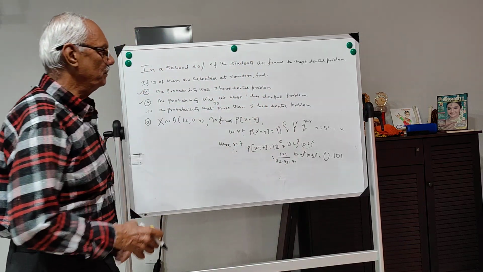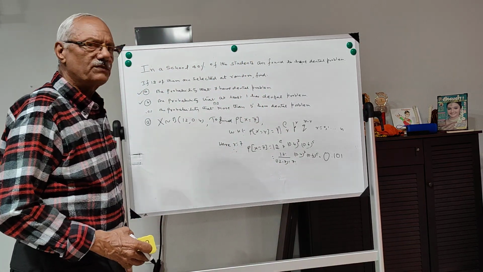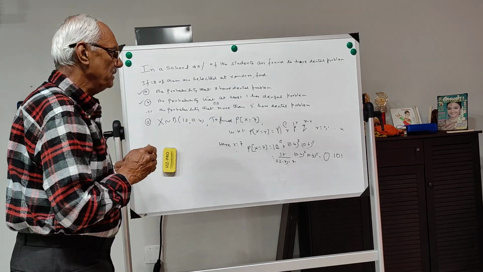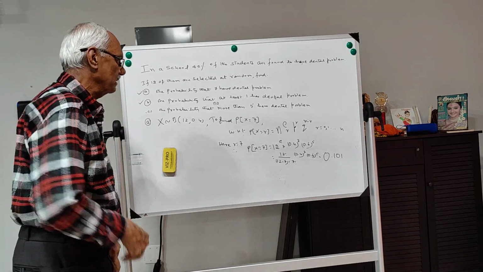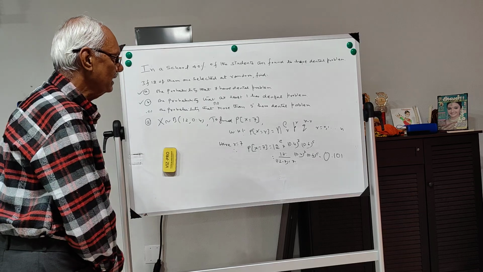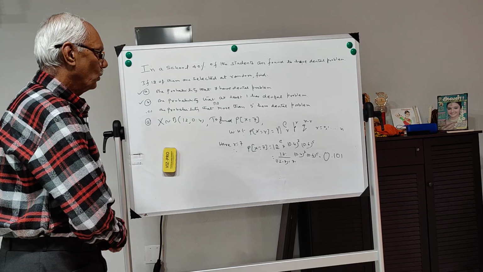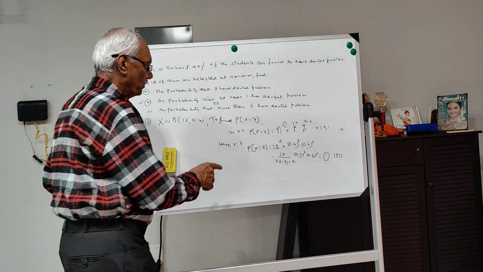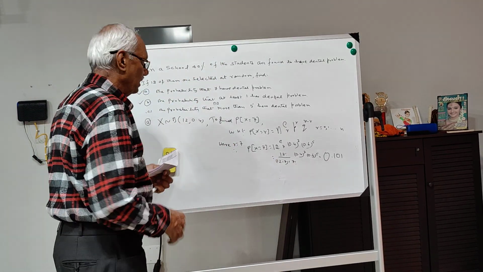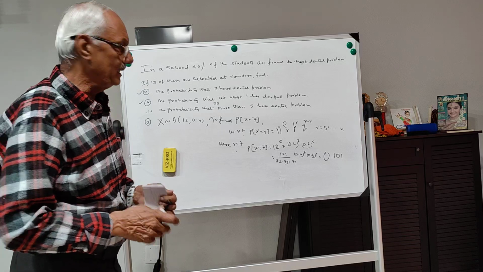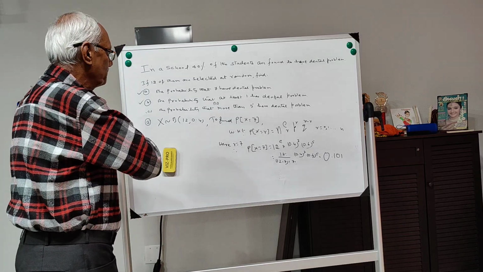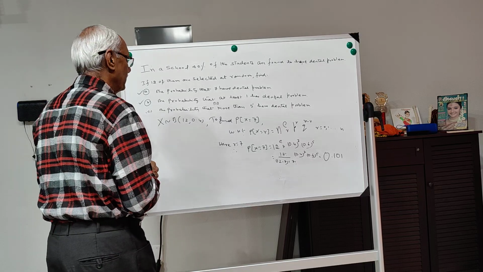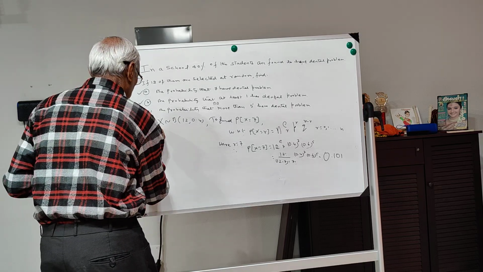You just work this out and find the answer. You will simply use your calculators and you get the answer, that is 0.101. That is the probability that 7 students have the dental problem. Okay. Now let us move on to the next one. Now let me do this B.